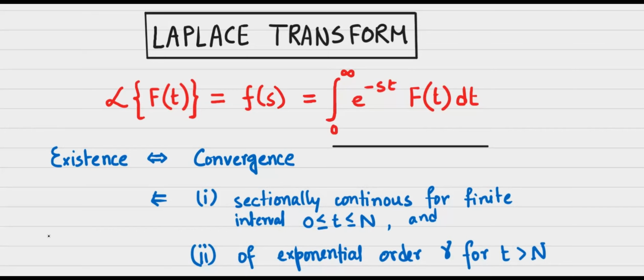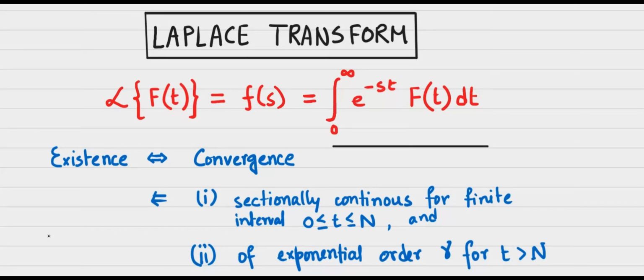What do we mean by convergence? Convergence means it gives us a result. It goes toward a finite result. That's what we mean by convergence. So this integral will probably give us a finite function, or at least finite in some designated places that we're interested in. So the question really boils down to the conditions under which this convergence occurs.